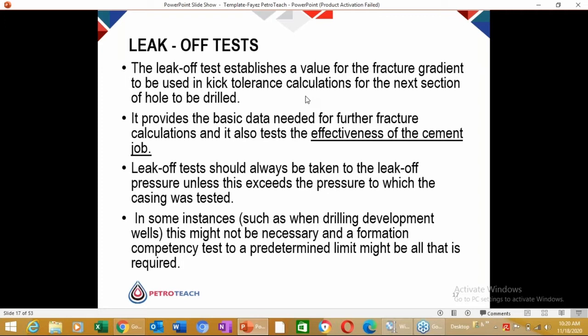In some instances, such as when drilling a development well, this might not be necessary, and for a formation competency test a predetermined limit might be all that is required.